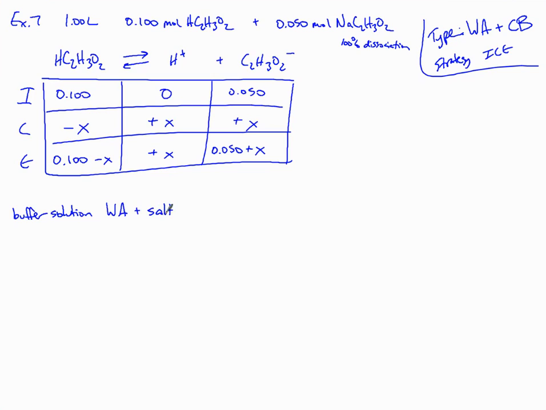So a weak acid plus its specific salt, which is its conjugate base. So it's usually this type of a combination. You have acetic acid with sodium acetate or something like that. It's usually going to be paired up, the second substance, sodium, with the anion.